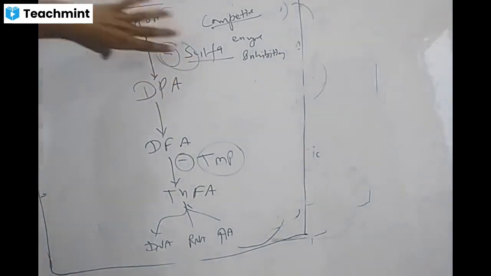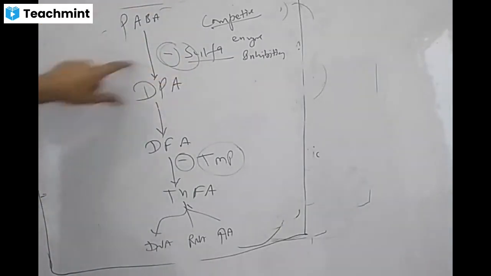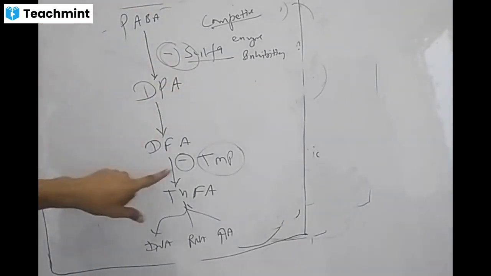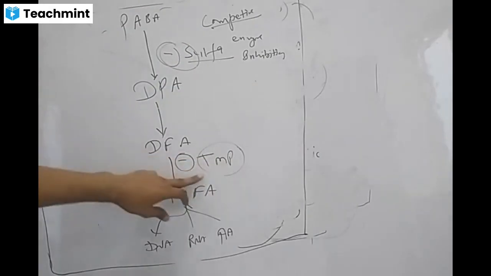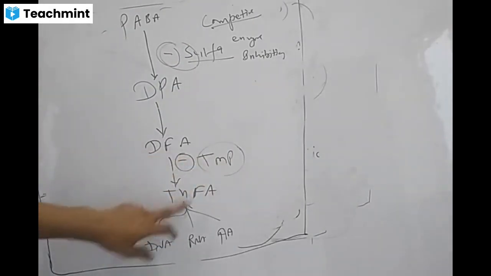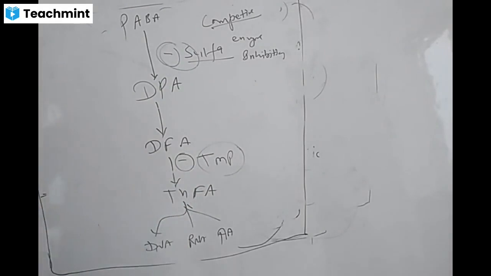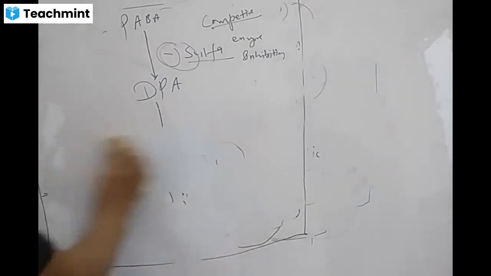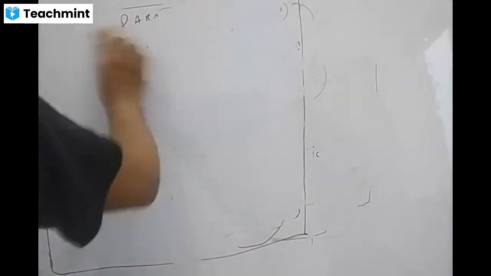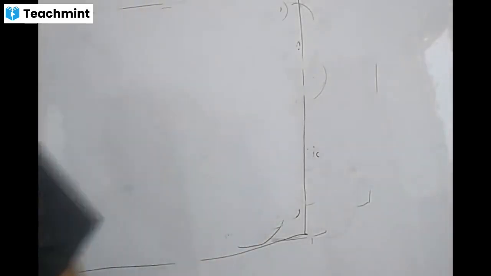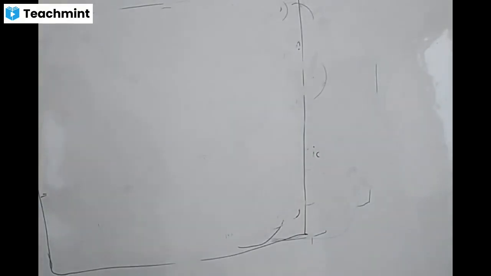They block this enzyme and they block the first step of formation. Similarly, the other molecule trimethoprim also blocks an enzyme and that may inhibit the synthesis of DNA and RNA, which are essential for the division of the cell, and if they are not present, the bacteria will die. So this is the metabolic pathway where bacteria utilize some molecule and synthesize folic acid.